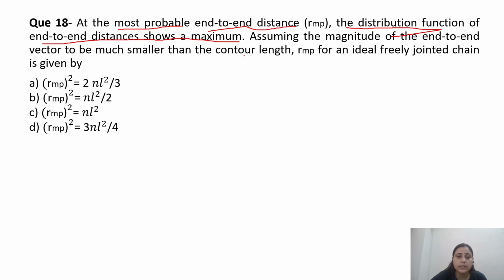It should be at maximum. So for the maximum we can calculate the first derivative and equate it to 0, so that we can calculate the maximum value of the distribution function, and this will be at the most probable end-to-end distance, which is the value of the end-to-end distance r equals to r_mp.